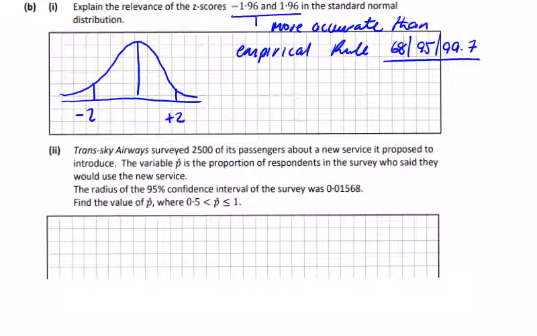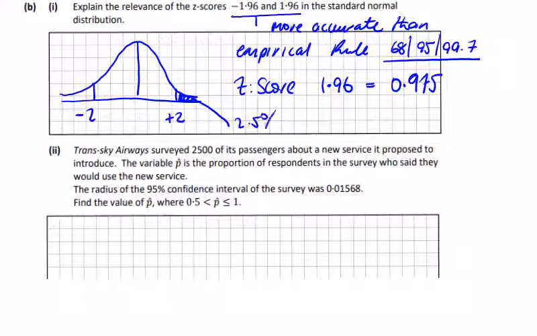So when we get a Z-score of 1.96, it's going to give me 0.975, which leaves 2.5% in here and 2.5% in there, which is your 95%.